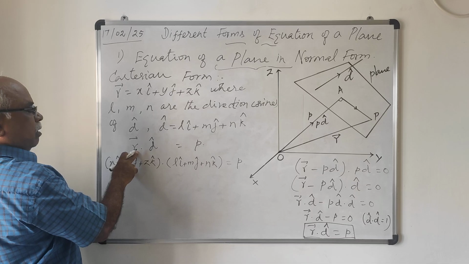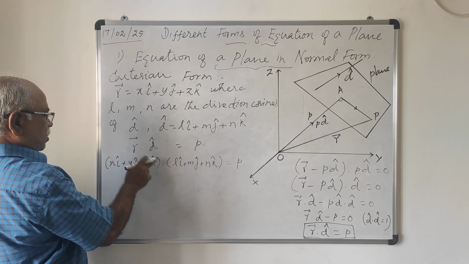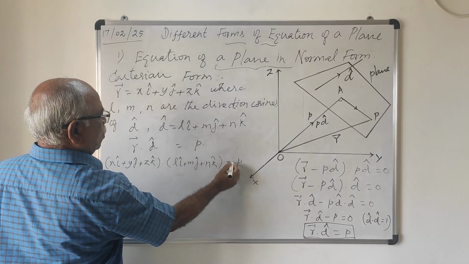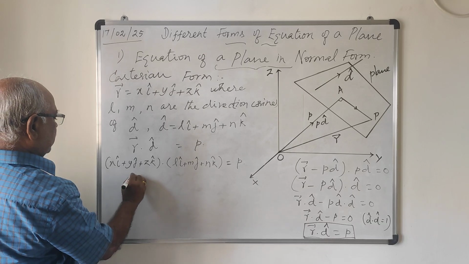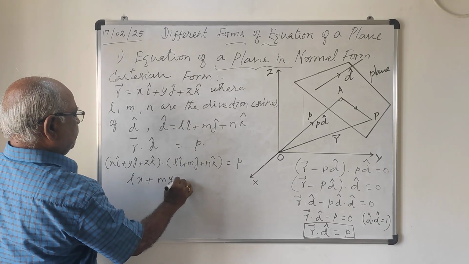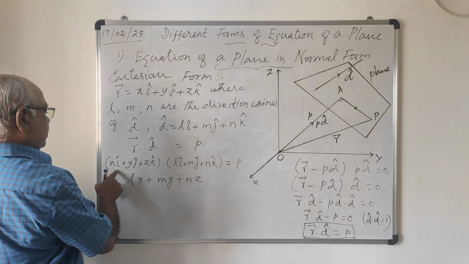Substituting the components of r vector, xi plus yj plus zk, dot d cap, li plus mj plus nk, equal to p. Now, in the dot product of two vectors, i dot i is 1, therefore lx. j dot j is 1, my, plus k dot k is 1, nz. The rest of the terms are 0.